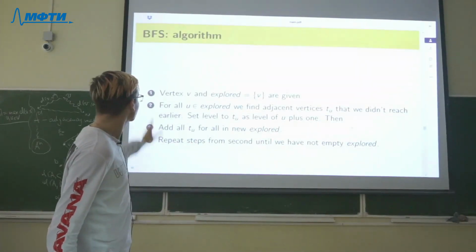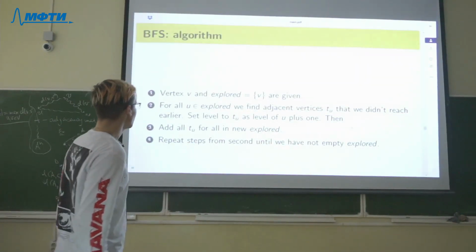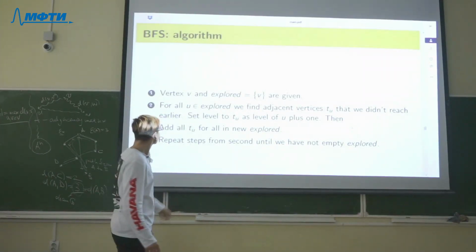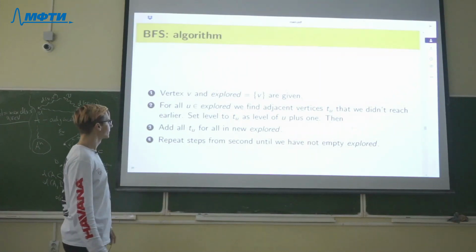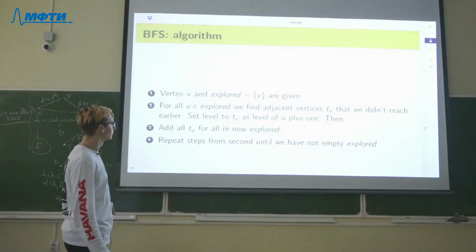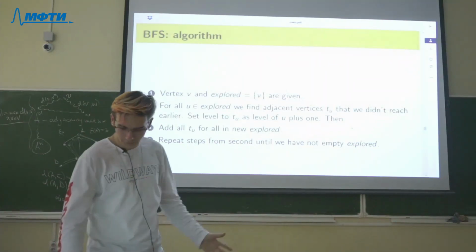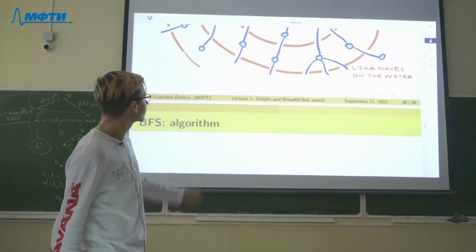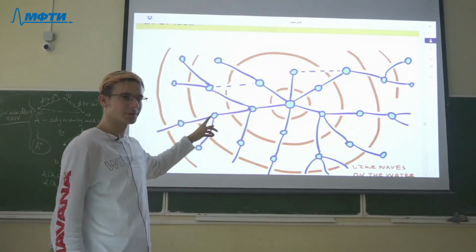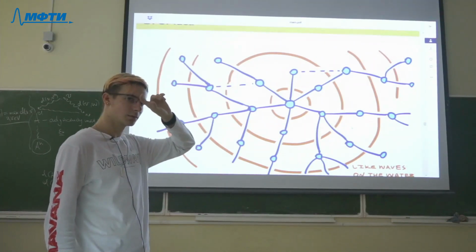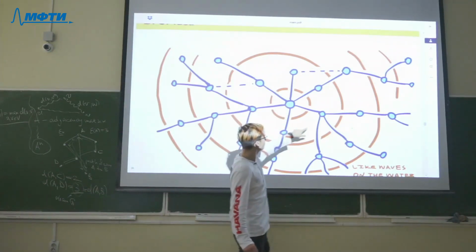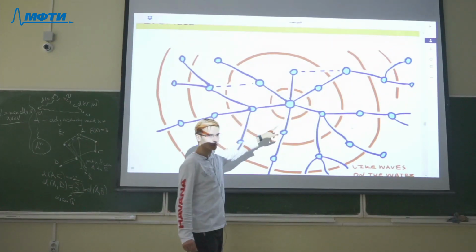So, the concrete algorithm: you set the center, the vertex that we are given, and then we look in the graph and see what the adjacent vertices of this vertex V are.